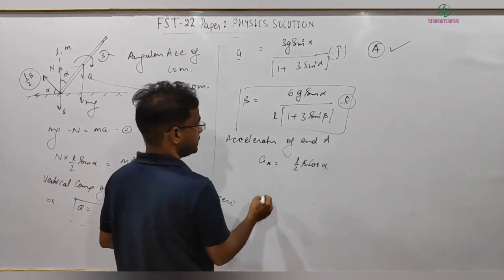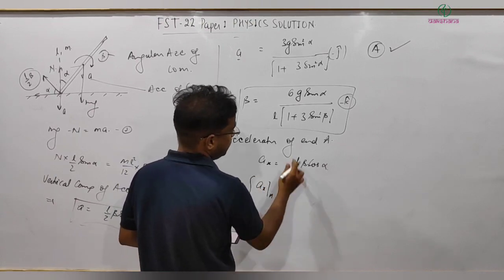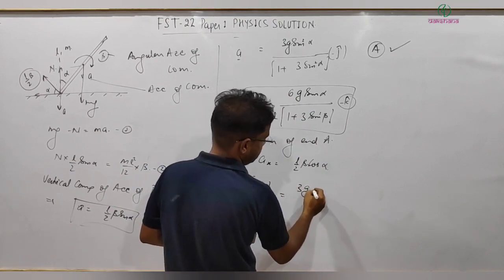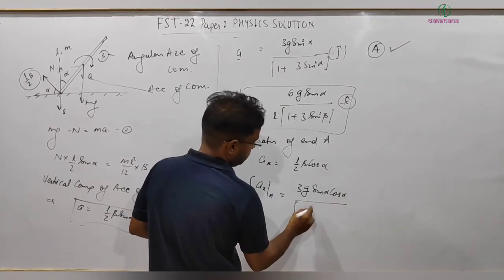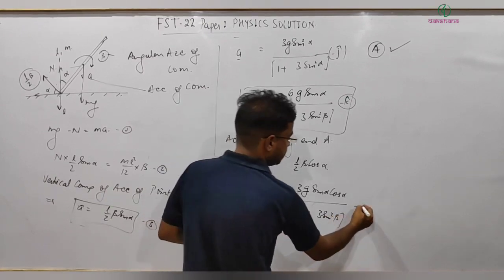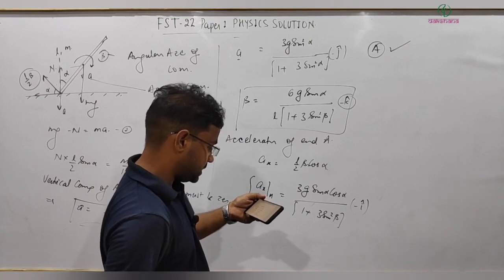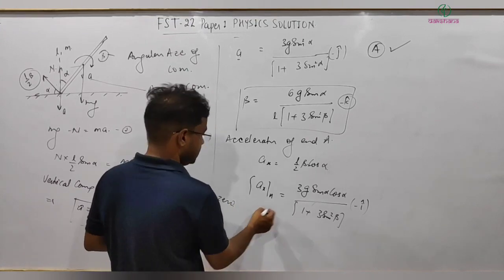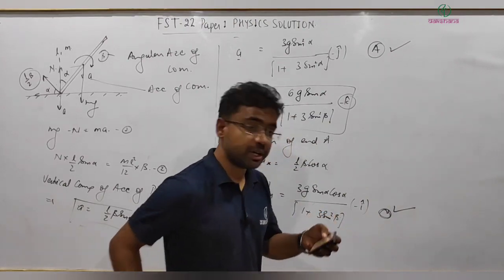And I can substitute this here, then I will get acceleration A_x of center of mass will be equal to, L gets cancelled, 2, 3 will be gone. So this is 3g sine alpha cos alpha divided by 1 plus 3 sine square alpha, and it will be minus i cap. So we can see it's matching with option C. So A and C are correct options for problem number 5.